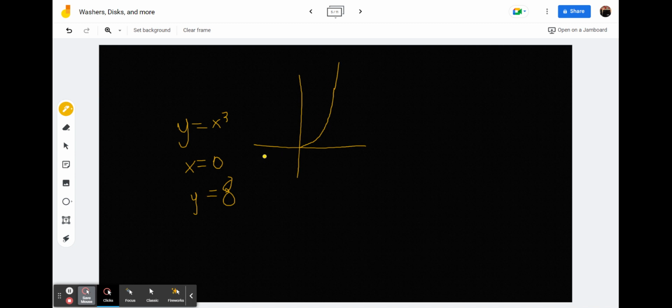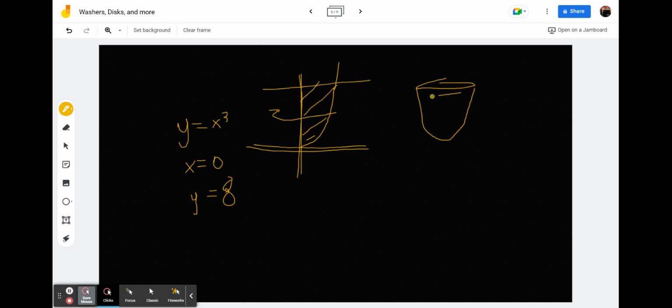We're saying that we're bounded by x equals 0, which is here, and y equals 8. So this area. And we want to rotate this around the y-axis. So we'll get something that looks like this. This weird shape.